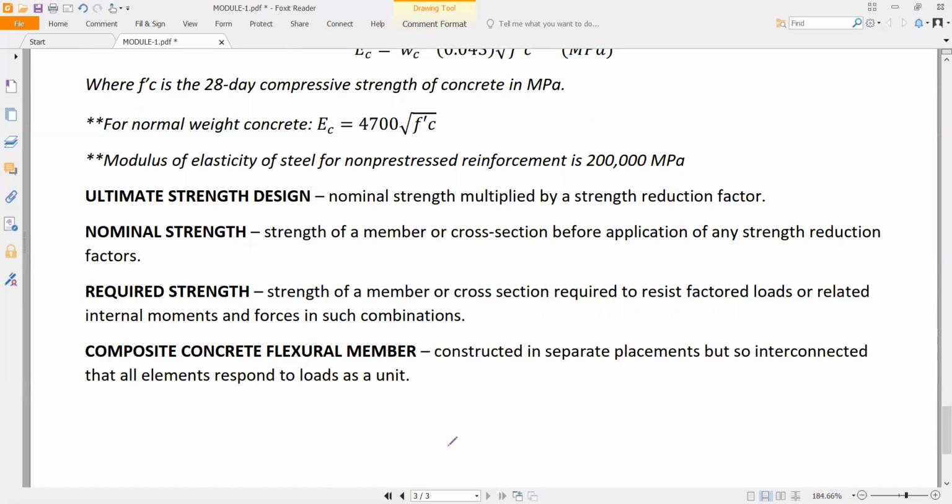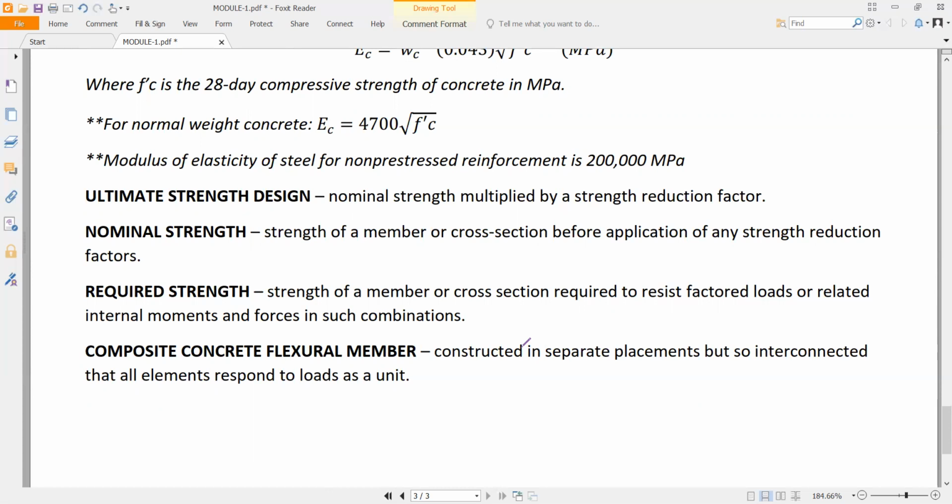The required strength, this is your, for example, you are solving to design a building that can carry a 2,000 kilonewton per square meter of load. So that is your required load, required strength. That your building has to carry a 2,000 kilonewton per square meter of load. So yung required strength is a 2,000 kilonewton per square meter.